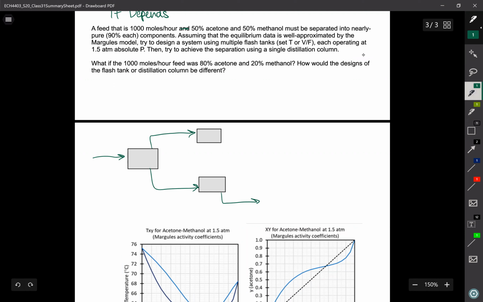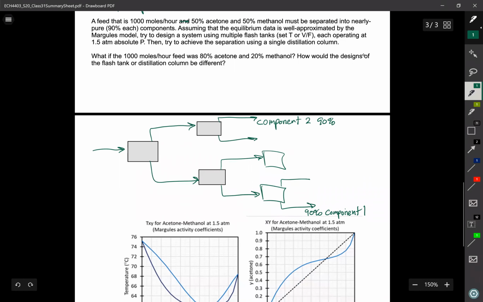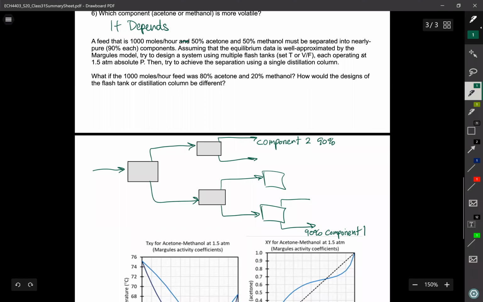I keep splitting it until at the very end, I want to get 90% pure component 1 and 90% pure component 2. I probably have too many flash tanks here, but that's the idea.